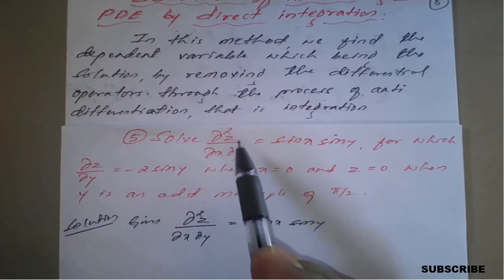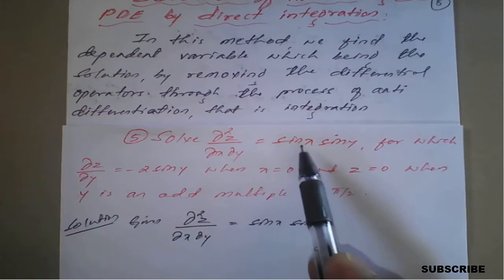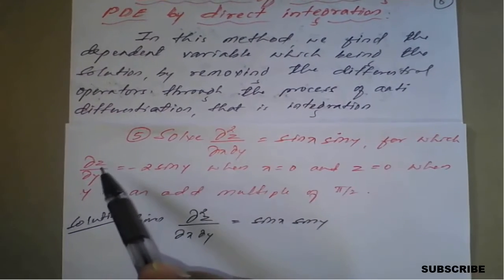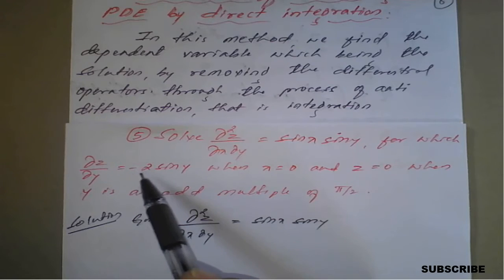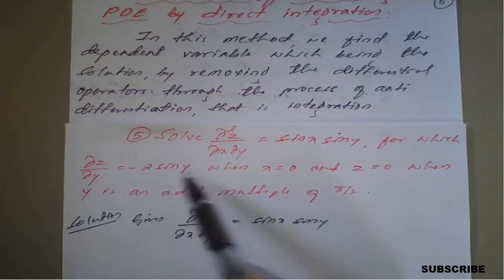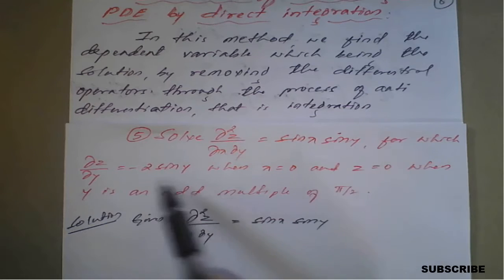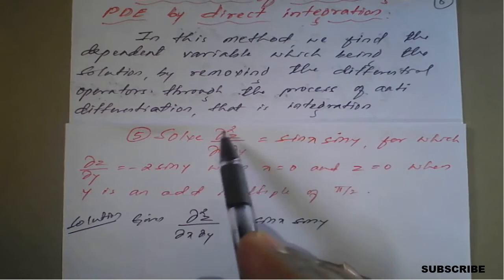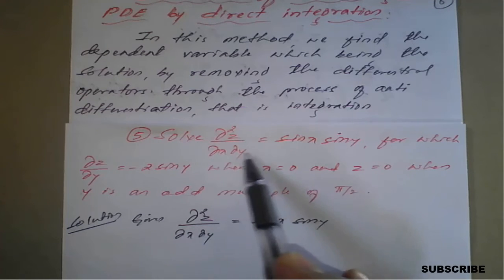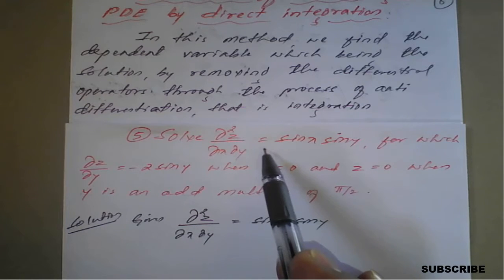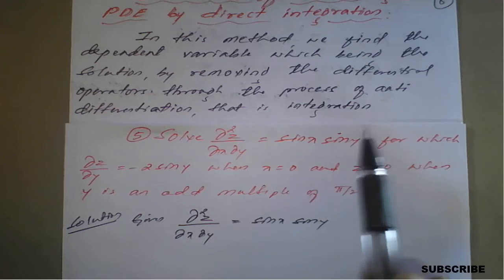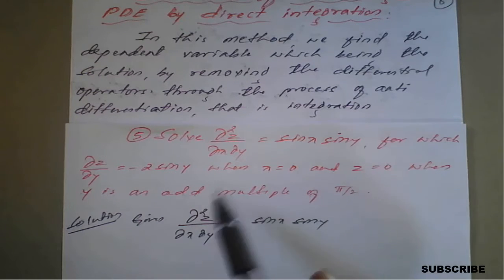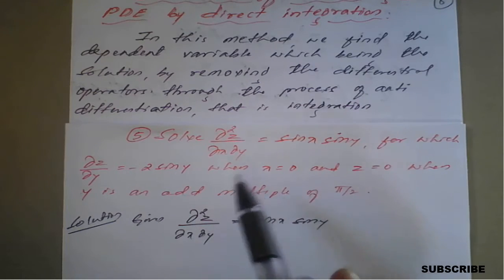Solve ∂²z/∂x∂y = sin x sin y, for which ∂z/∂y = -2 sin y when x = 0, where this is a condition they have given. Earlier they told us just to solve a partial differential equation with no condition, but now they have given the condition and we need to simplify the problems based on this.